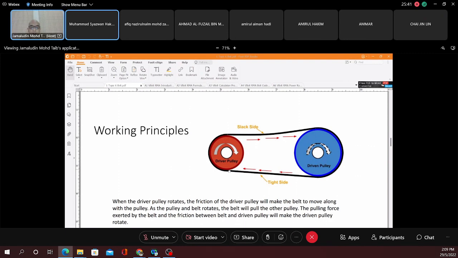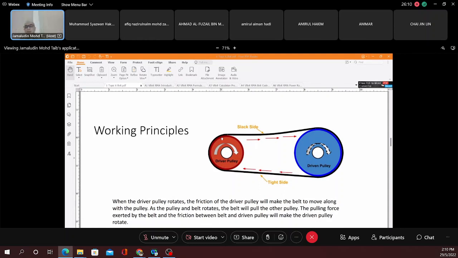The friction between the belt and the pulley will pull the belt. For example, like this one, it will pull the belt on this side, and this will be the tight side. At the same time when this is pulled, the driven pulley will rotate. That's the main idea. That means it relies on the friction around the belt.